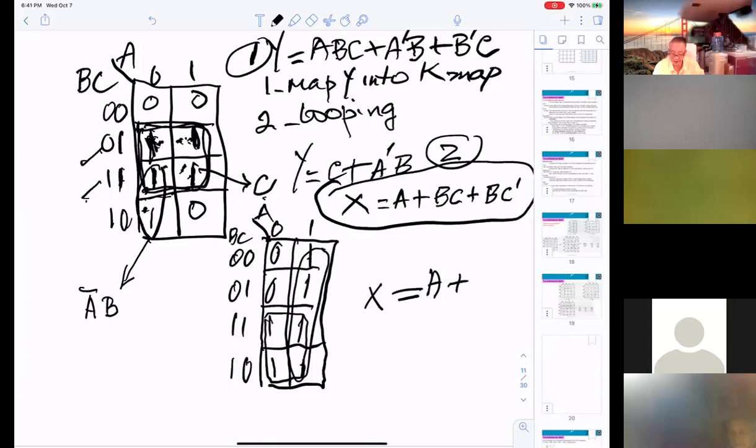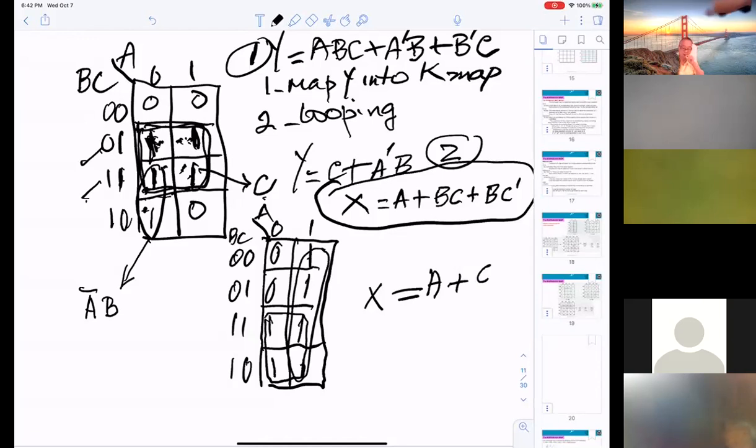Okay, this guy will be C. Any questions? So that is easier than Boolean algebra. A very logical way to do it.